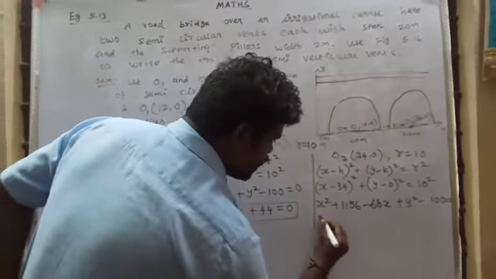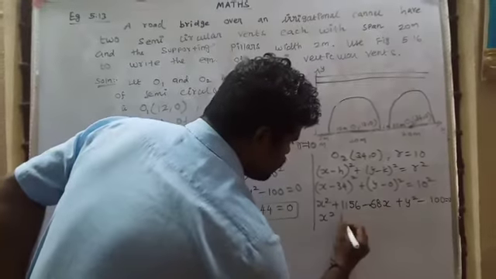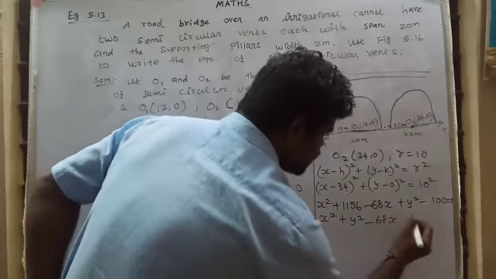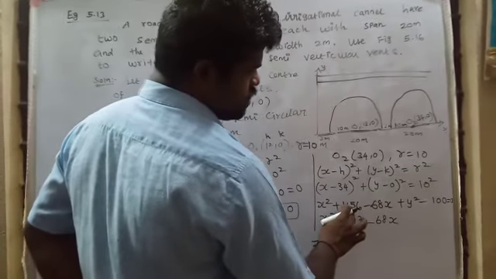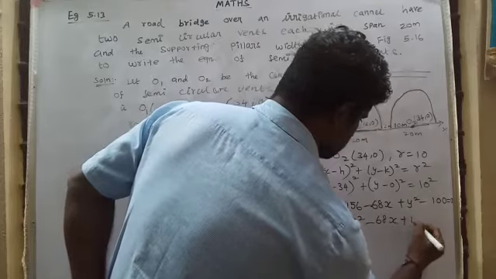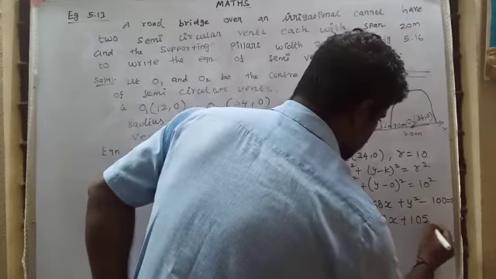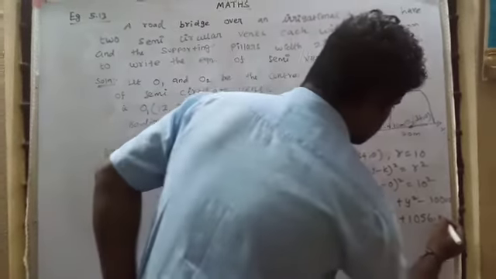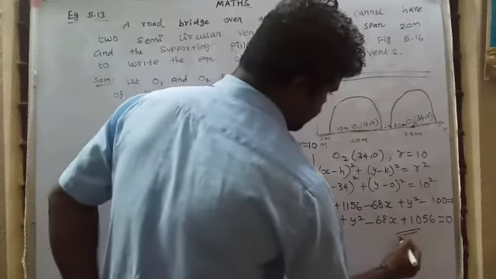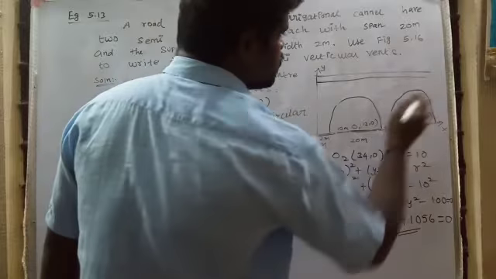Arranging the values: x squared plus y squared minus 68x plus 1156 minus 100, which is plus 1056, equal to 0. So this is the required other circular vent equation.